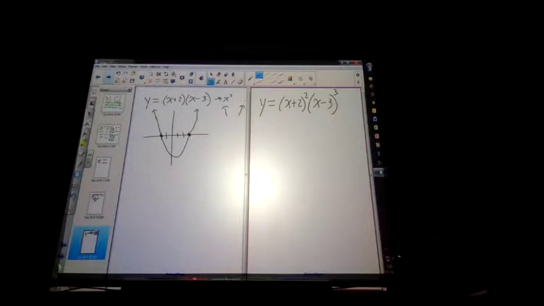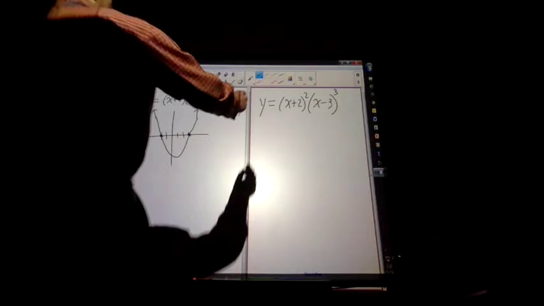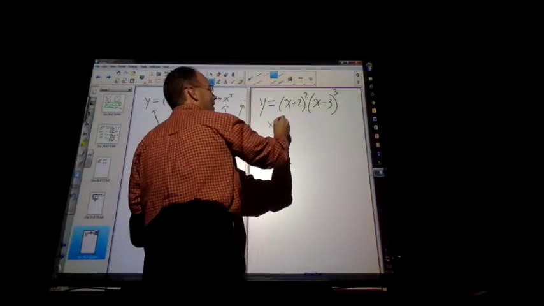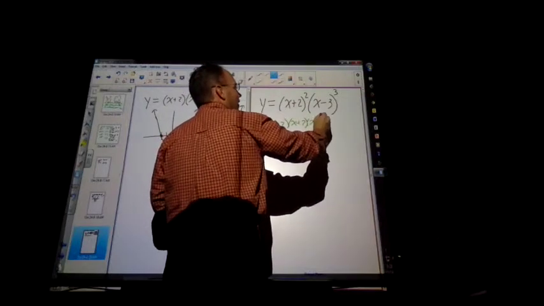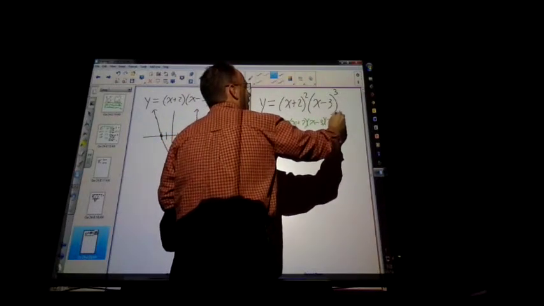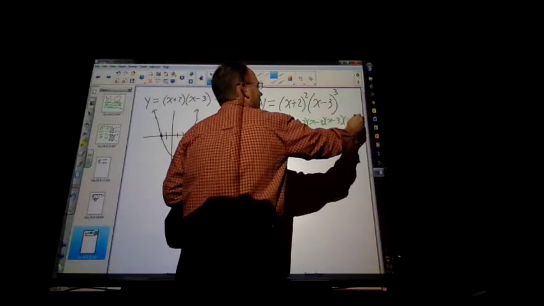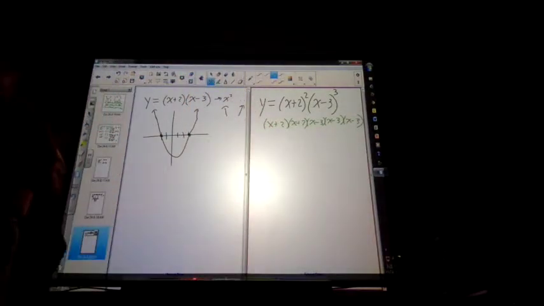You're totally there. 3 and 2. All right, so if I were to write this whole thing out, I would have this. Can somebody tell me where it will cross the x-axis?